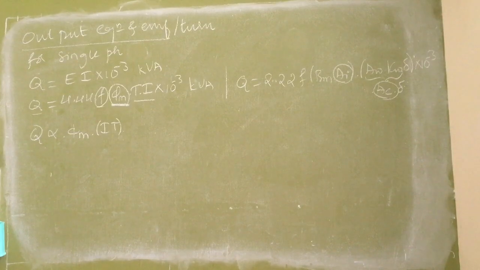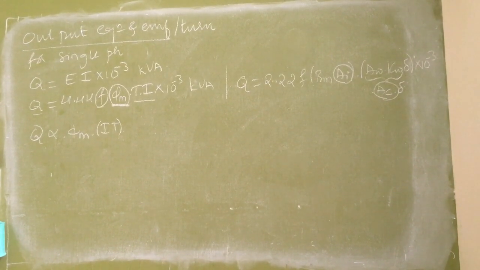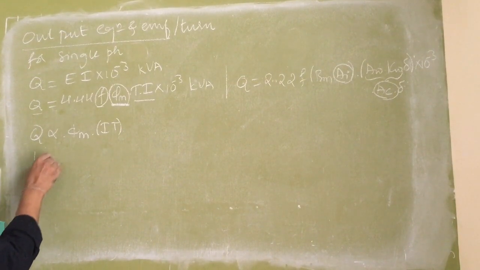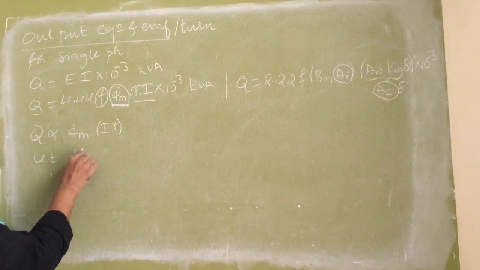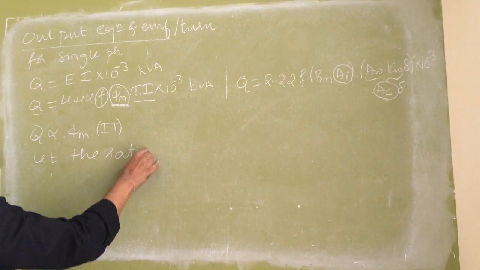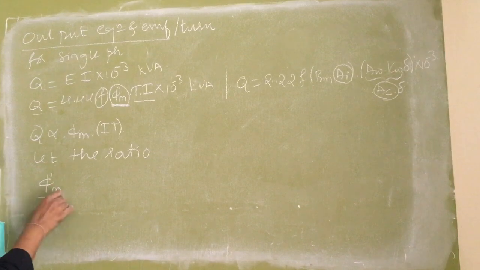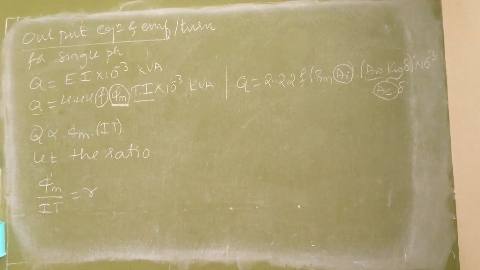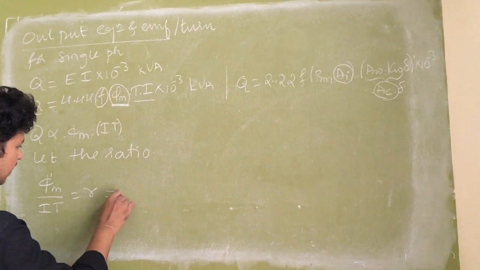Let the ratio phi m upon IT be equal to R, and this will be a constant.